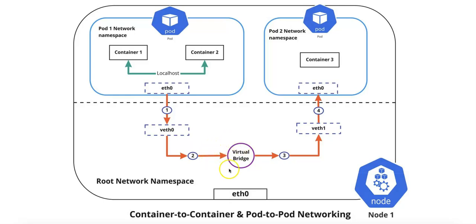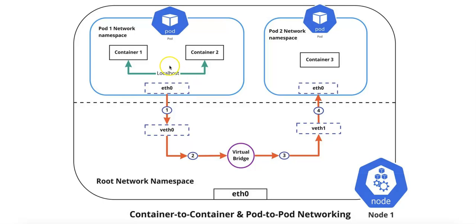This interface might handle inbound traffic from external users via an ingress controller, or traffic destined for services running on other nodes in the cluster. When external traffic needs to reach a pod, for example through a service or ingress, it will often enter the node using this eth0 interface before being routed to the appropriate pod via the service's virtual IP and the virtual bridge.